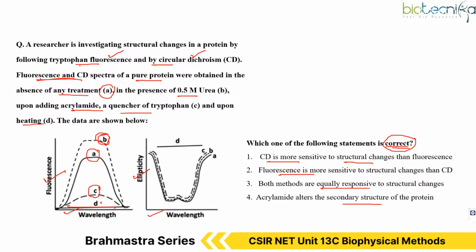And if you see the circular dichroism spectra, they are more or less the same, not much change, in all three conditions, and D is on heating. So on heating, obviously the protein denatures.